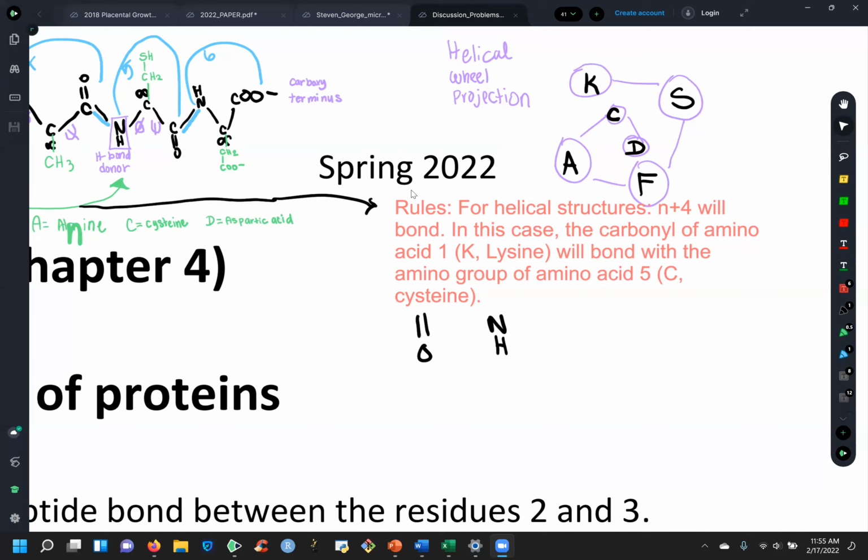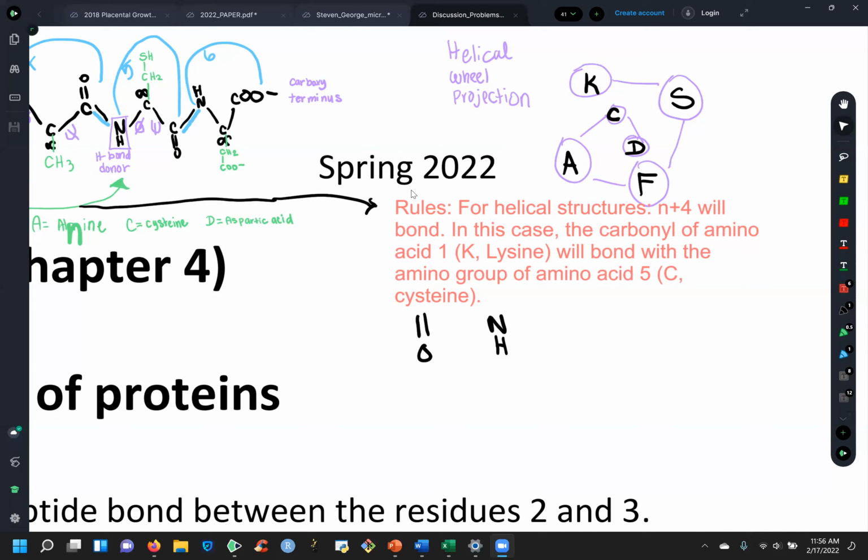But they don't just want you to know that those two are bonding, they also want you to know how they bond. The carbonyl, because remember, this is just an amino acid. So it's got the alpha carbon, NH3 plus, COO.